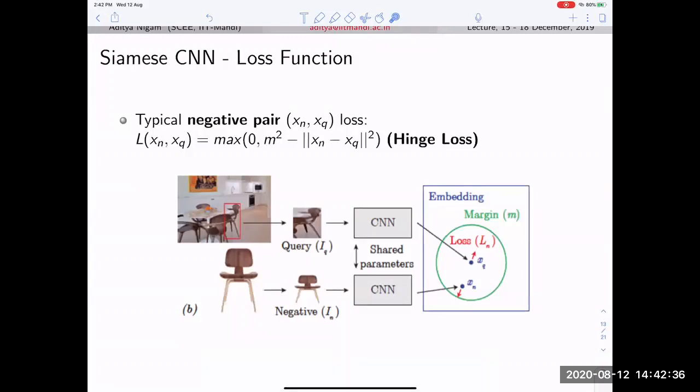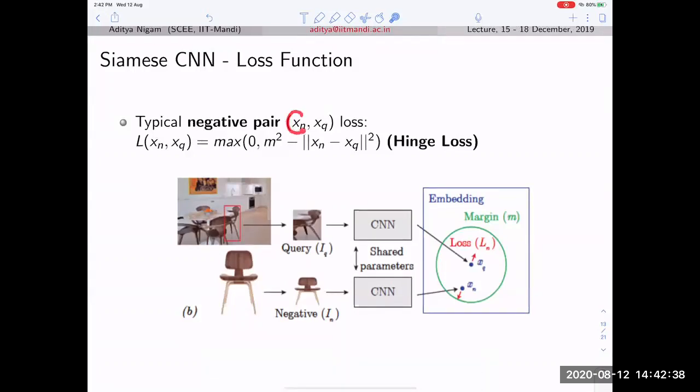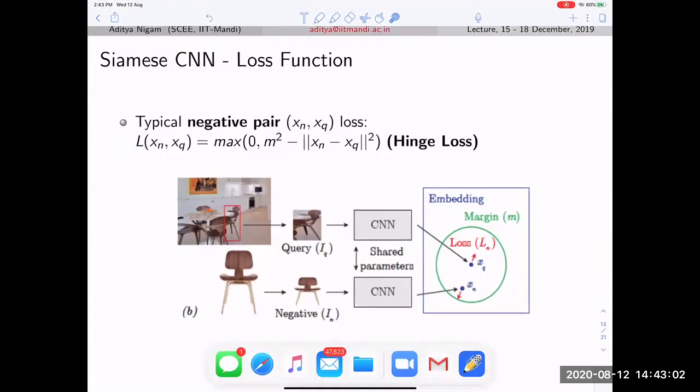Or you just look at this: I am having one value as xn, this is one pair. Out of this, this is one sample, this is another sample, and they both are coming from two different classes. If they are coming from different classes, my loss is going to be a hinge loss, which is like this. Let you just see, and I'm going to ask what does it mean?